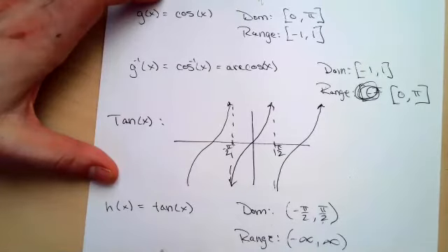So this tells us that arctan, or inverse tangent, is going to have a domain of minus infinity to infinity and a range of minus pi over 2 to pi over 2.